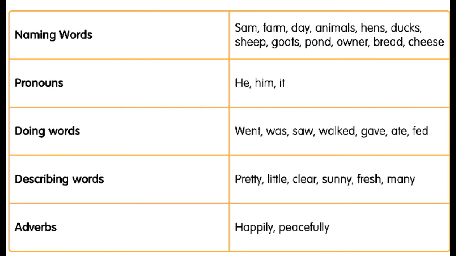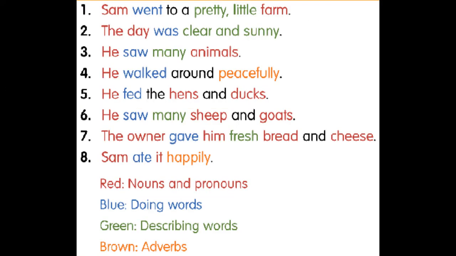Here again, you can see on the screen various words I am going to place. Those are also in various colors, so you can easily make out which part of the sentence each word is. Sam went to a pretty little farm.